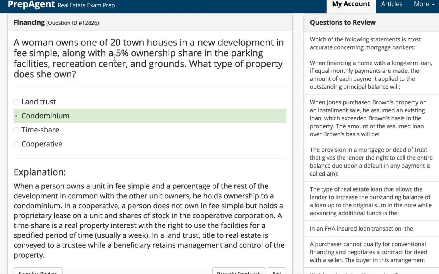So in a co-op you own a share. That's why co-ops are smaller, and also why to buy into a co-op, you have to be approved. They're usually like 5 to 10 units, not these massive complexes. And people like co-ops because it's much more of a team effort. Everybody takes care of the whole property because everybody has an interest. Okay. All right.